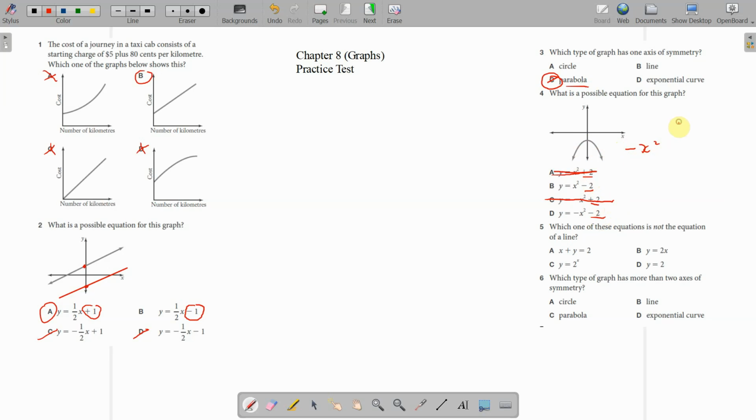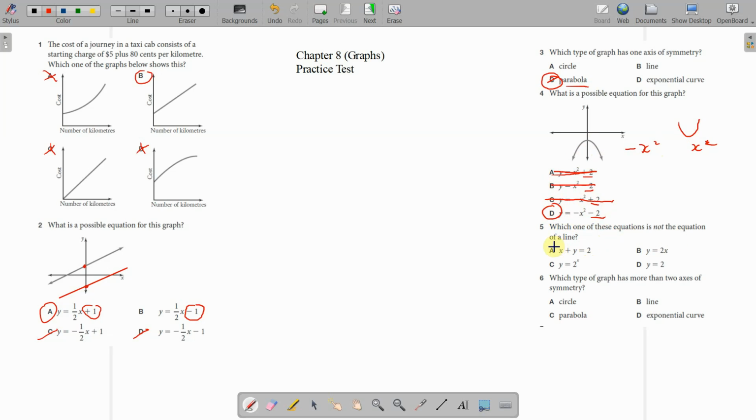The other one that goes up this way is x squared. So that rules out that one, because that's going to be looking like this one. So it's only D because of two things. The y-intercept is down here, and the fact that it tells us minus x squared is this shape. That's the one.